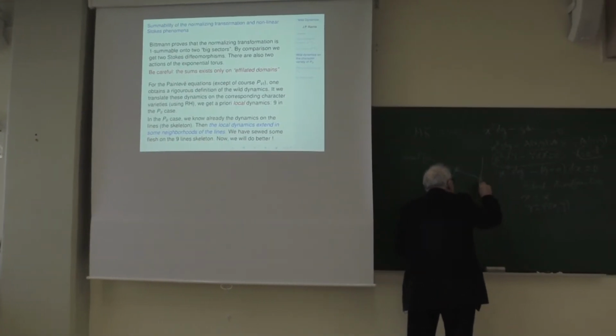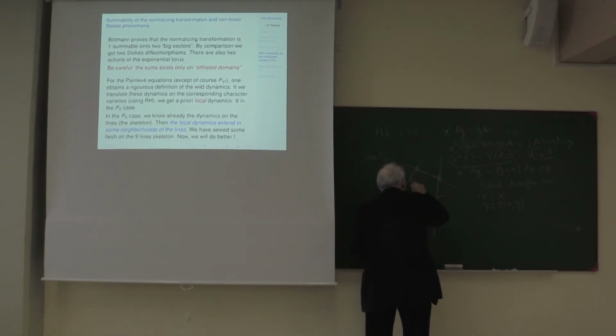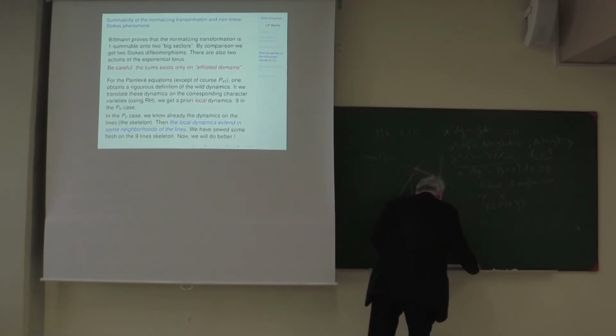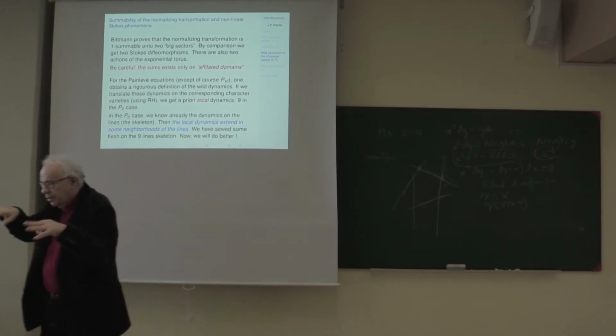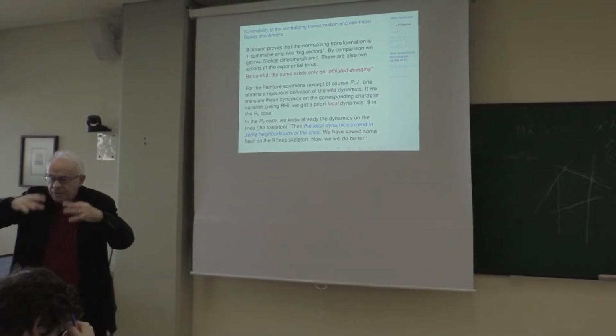You can extend the dynamics along the lines, and of course that is on the neighborhood of the lines. And now you can extend the dynamics on the skeleton, and in fact on the neighborhood of the skeleton.